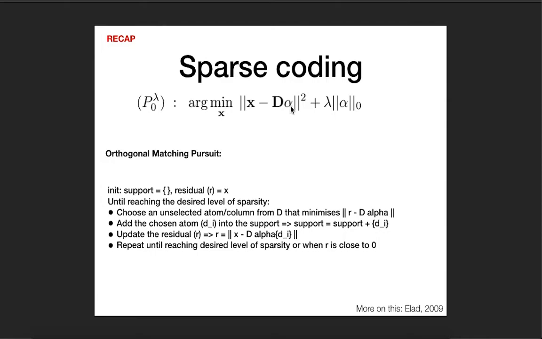It's a greedy scheme, because you're choosing one by one, right? You choose the first atom which minimizes the error most, and you have a desired level of sparsity. Let's say you want to pick 5 atoms or 10 atoms, and you pick until then, or if your error is small, you can already stop. So this is one way of doing it. It's a greedy scheme, and it's also very well used.